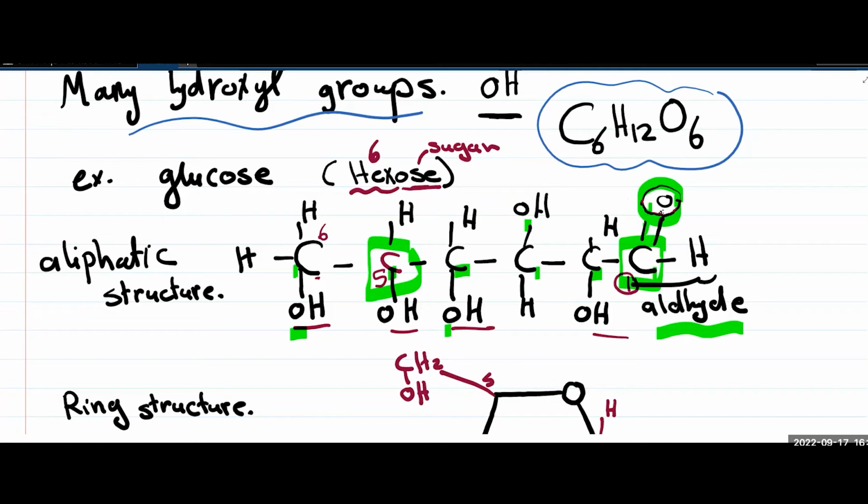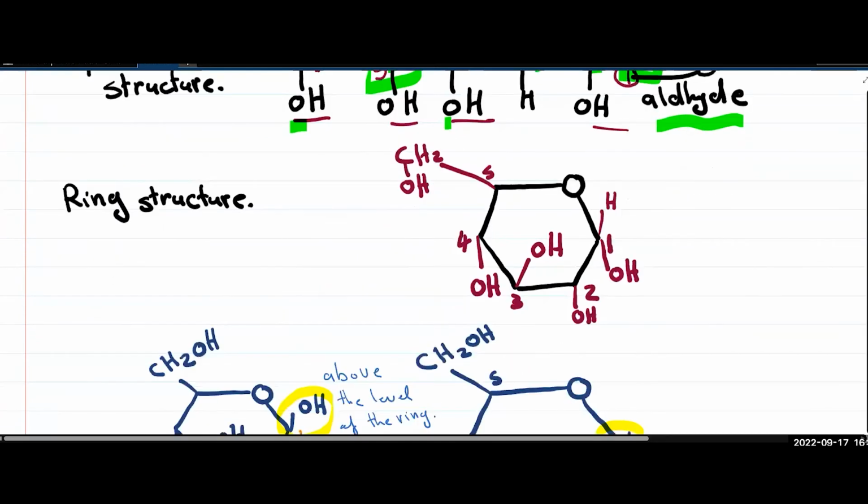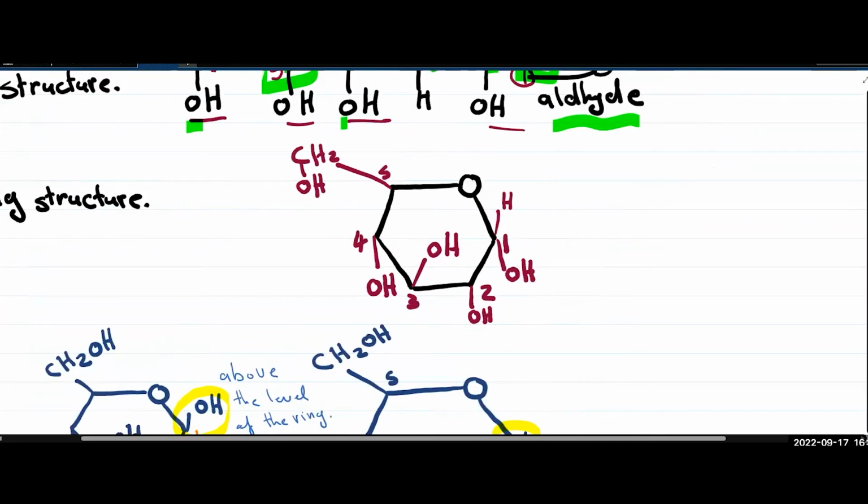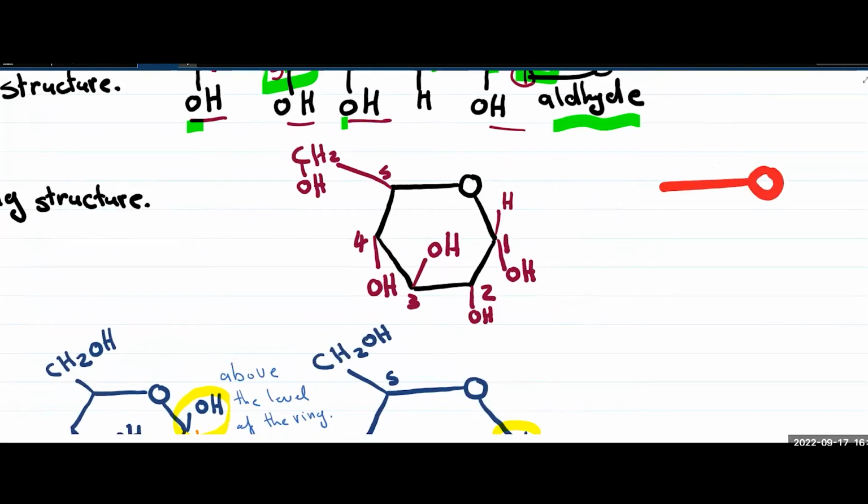For me, I would like you to understand only how to draw glucose as a ring structure. We said it's a hexagonal ring. So I will draw the ring, but inside this ring there is oxygen as one of the angles of the ring. Is that part okay?